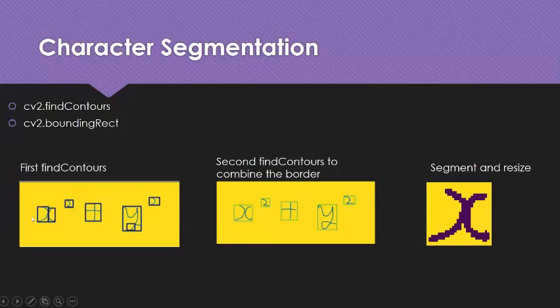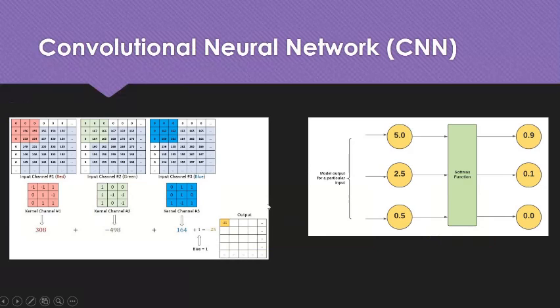To combine them, I draw them on another white image and apply the findContours function one more time, then the borders can be combined. After that, I have to resize it to 28 x 28. To make sure the image is not incomplete or stretched, which would affect the shape of the character, I resize it in ratio first and add padding to make sure it has the required size.